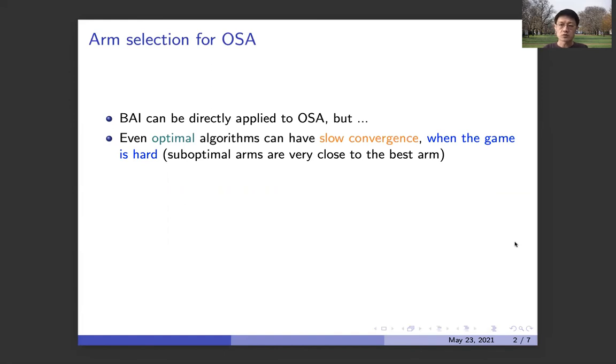When we say the game is hard, what we really mean is that one suboptimal arm or several suboptimal arms are very close to the best arm. Let's say you have a best arm, arm 1, with channel quality, or average reward, of 0.8. Let's say you have a second channel that is very, very close to the first one, with a channel quality of 0.7999.